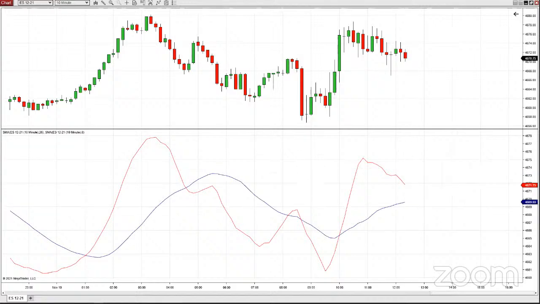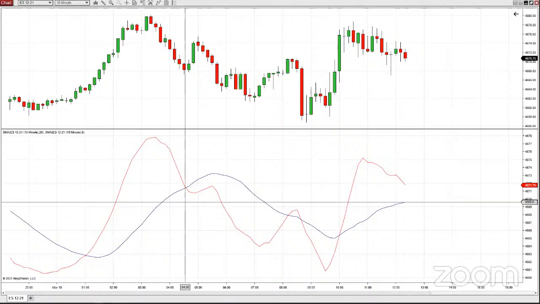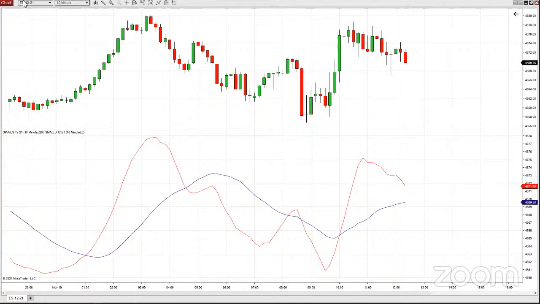That's all that is. Now, what I like to look at is this idea of convergence or divergence, right? The idea is, as the fast and the slow converge, it's suggesting a momentum shift in that direction. And we saw that here, from 3:30 this morning, where the red is converging with the blue.